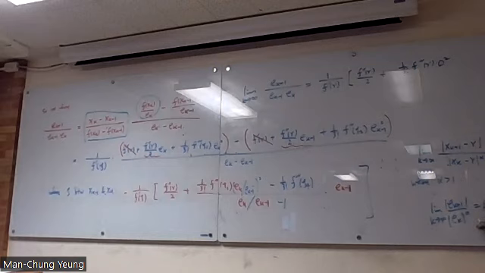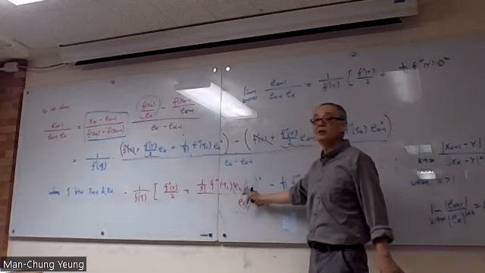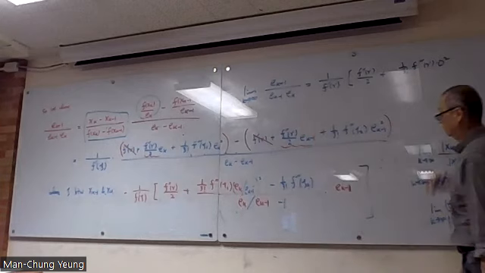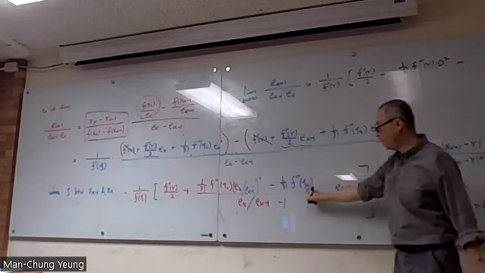Alpha greater than 1, that is, 1 plus some epsilon with epsilon greater than 0. So from here, we get this approaches 0.